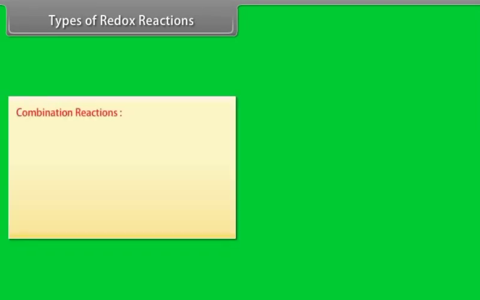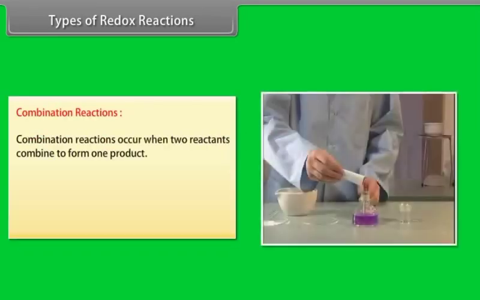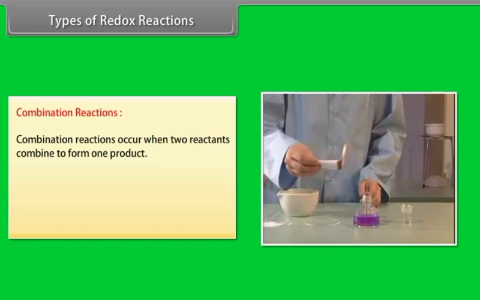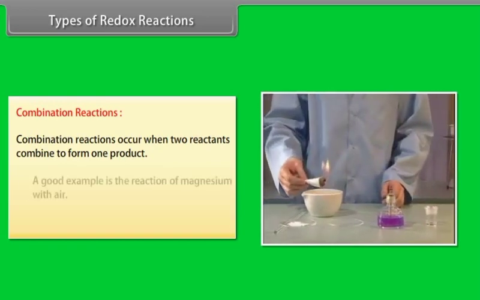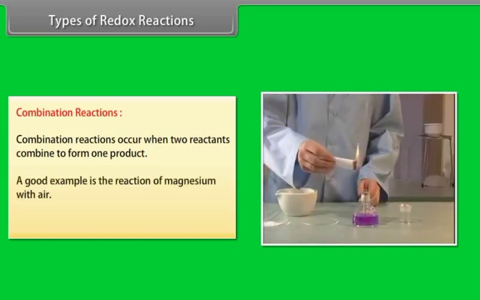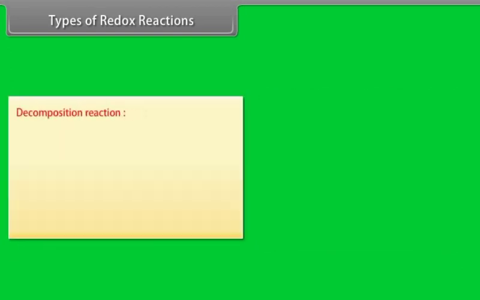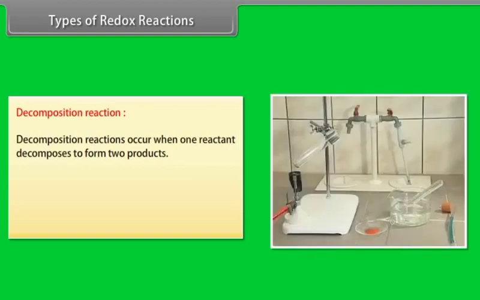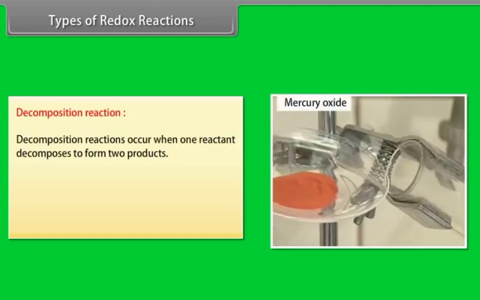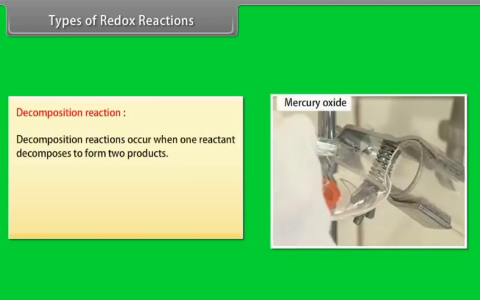Types of redox reactions. Combination reactions. Combination reactions occur when two reactants combine to form one product. A good example is the reaction of magnesium with air. Decomposition reaction. Decomposition reactions occur when one reactant decomposes to form two products.